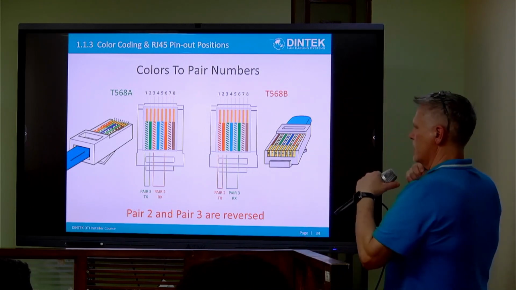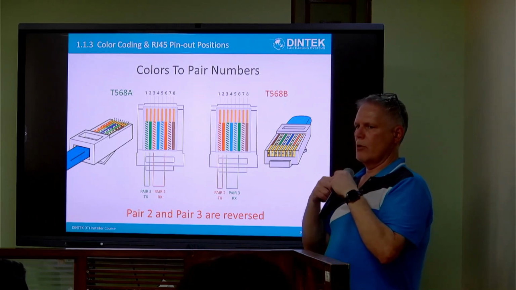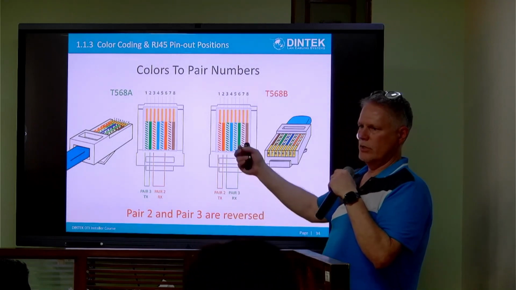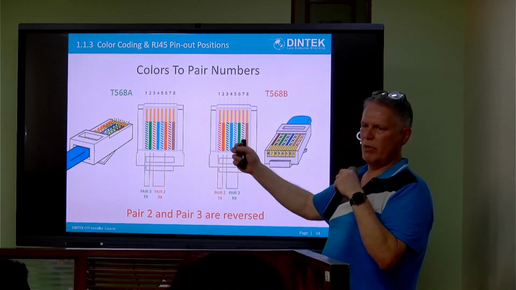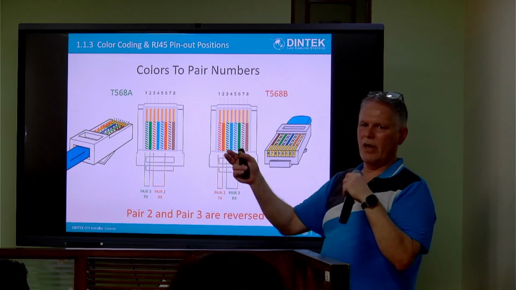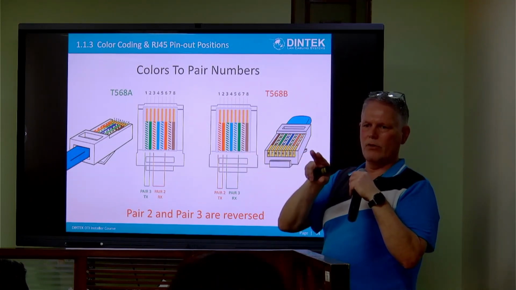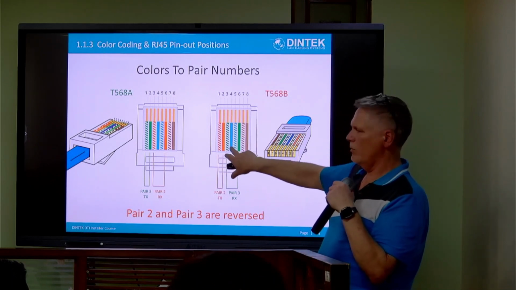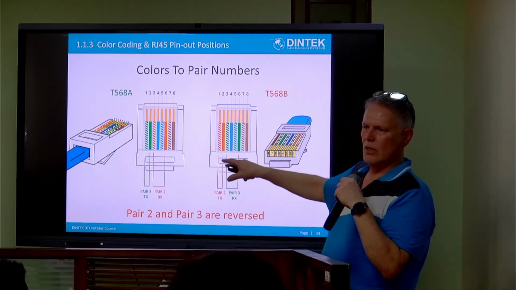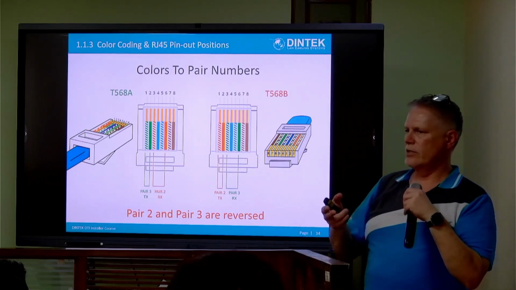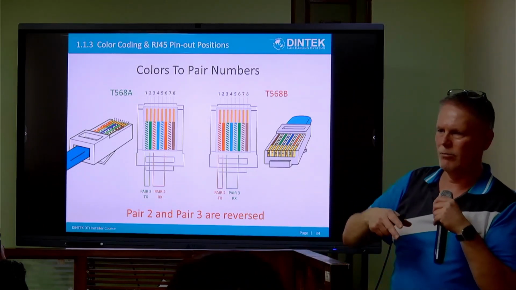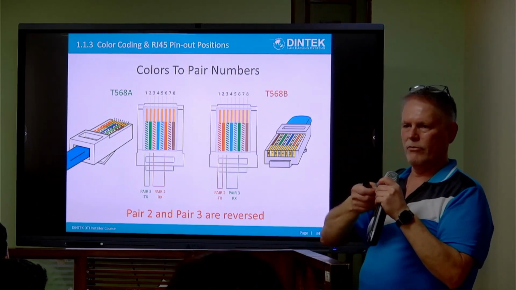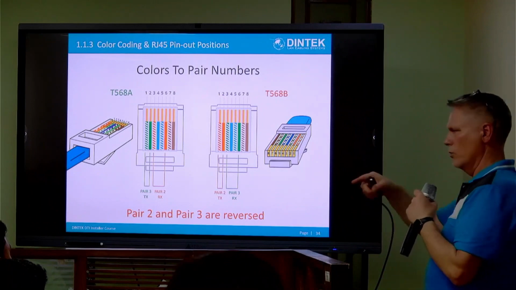So they said, well, if we're going to upgrade the cabling system, and we've got phones which are using a transmitting pair on the centre, we need to have our voice going through on the centre two pins. So for an RJ45, it's going to be pins 4 and 5. Because in the early days of changing over to twisted pair cabling, they would take a phone plug, chop it off, and then put an RJ45 into the middle. So it all still worked.